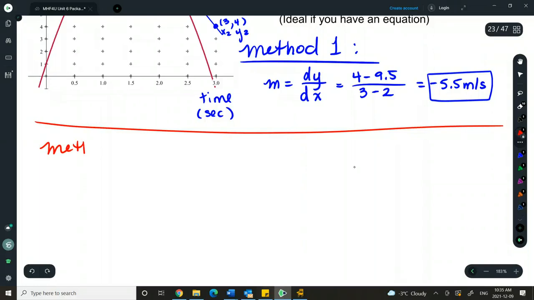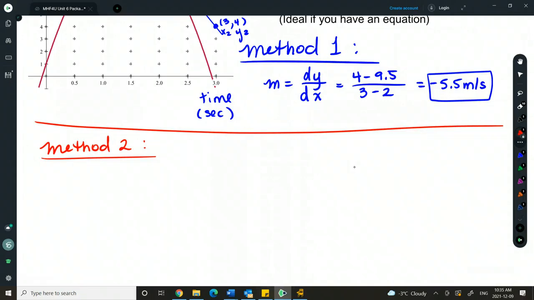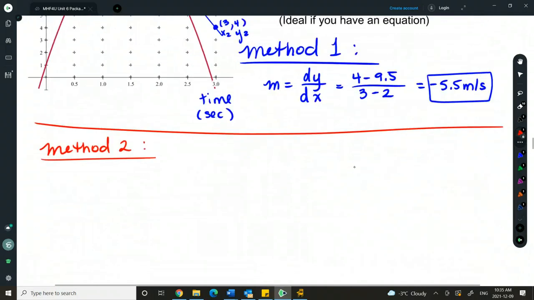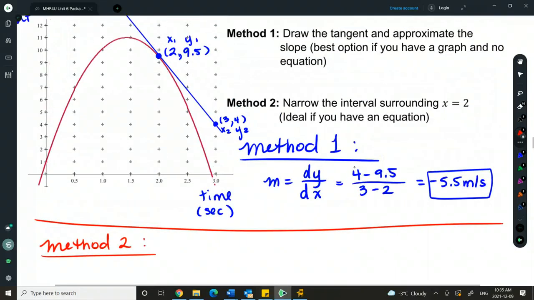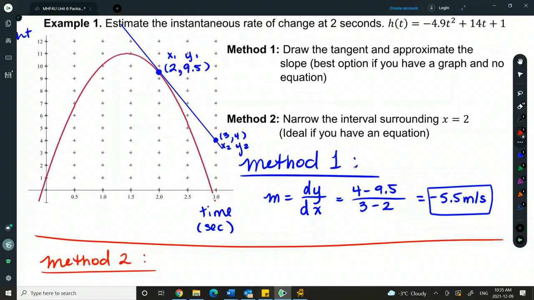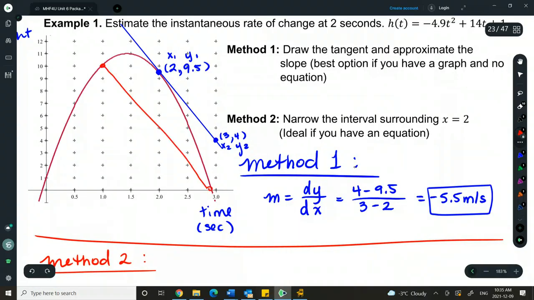So method 2, we're going to use some intervals to see if we can use average rates of change to estimate instantaneous rates of change. So we're going to create an interval surrounding 2. And the idea behind this is like if I were to choose, let's say, 1 to 3, and then if I narrow this interval even more, let's say I choose the interval from 1.5 to 2.5. Here's a secant line for that.